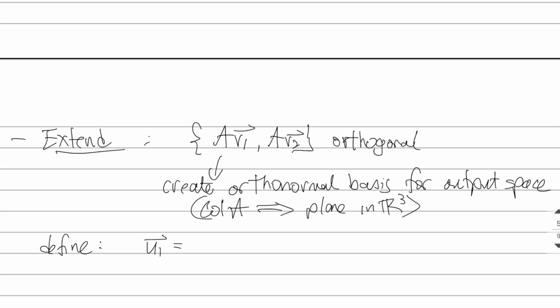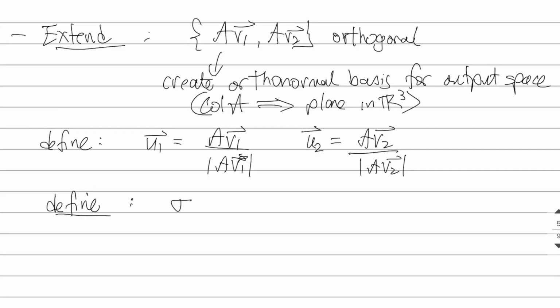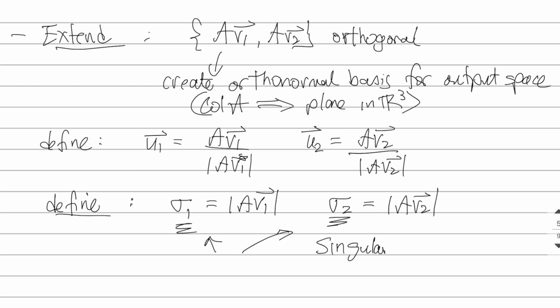Vector U1 is going to be vector AV1 divided by its length. And then we're going to define U2 as AV2 over the length of that vector AV2. And we're going to say that sigma 1 is the length of AV1, and sigma 2 is the length of AV2. We're going to give these two values special names. We're going to call these singular values.